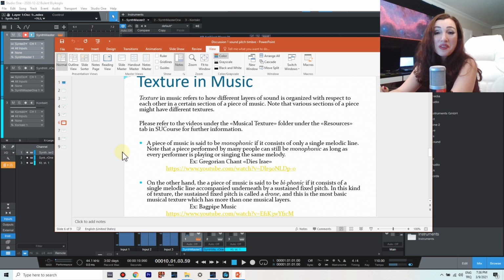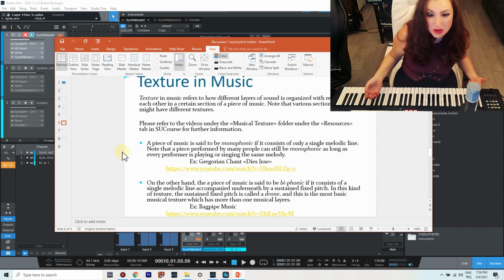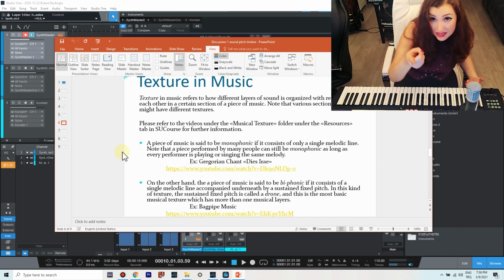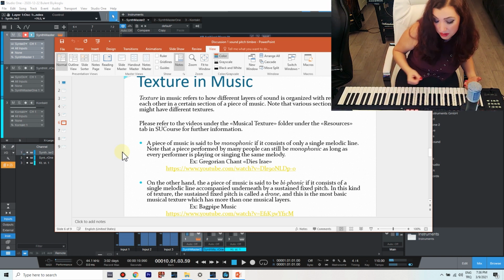Let us explore texture a bit. Texture is something that's very easily demonstrable, but not very easily spoken about. Now that I have an instrument at my disposal, this is very easy. That same birthday song, when I play just with one hand, is a monophonic piece.